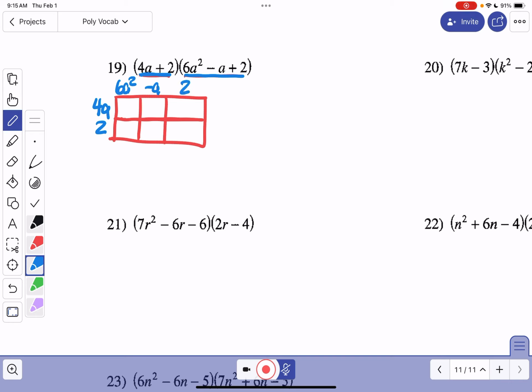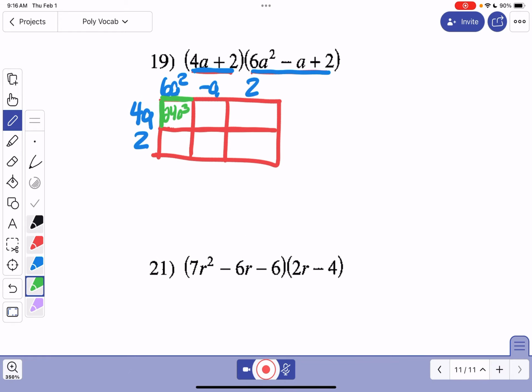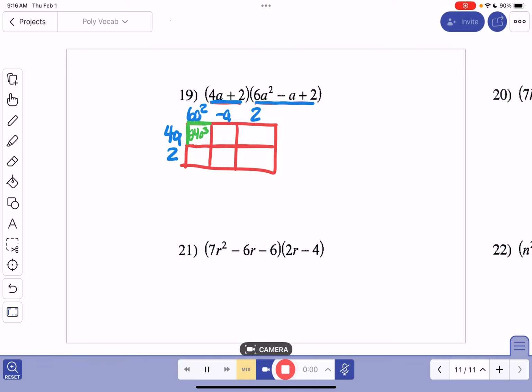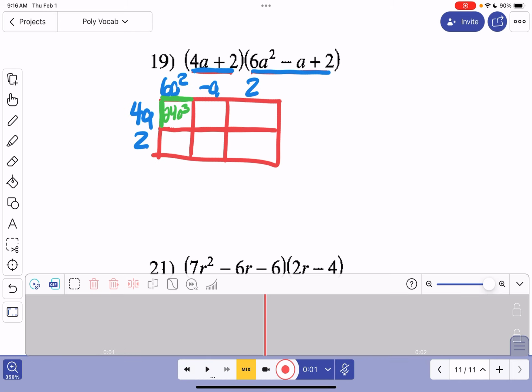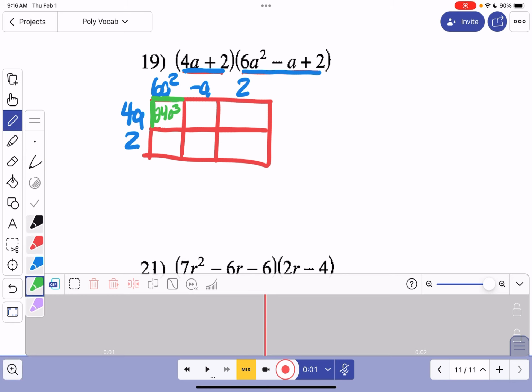Now we're going to multiply the edges like a Punnett square. So for this square, we're going to do 6a squared times 4a. 6 times 4 is 24, and a squared times a is a cubed. Then we're going to do this square. Negative a times 4a would be negative 4a squared.